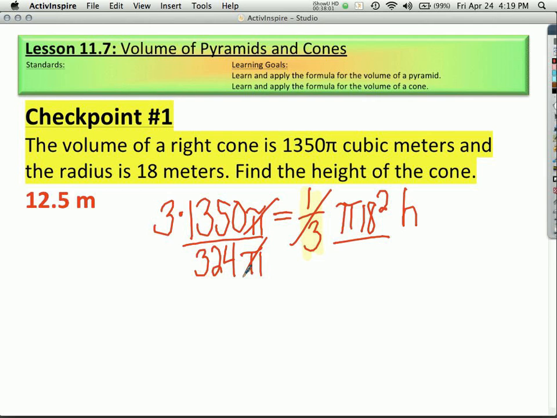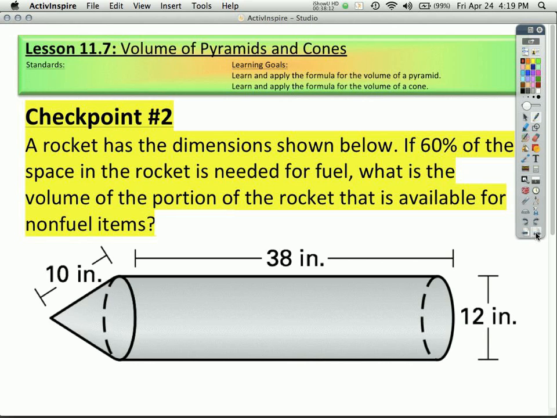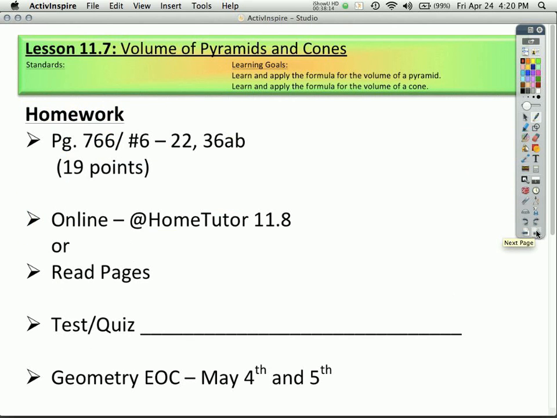Okay. So, any comments, questions? Okay, so I had another checkpoint, but I'm going to hold off on it, and I'm going to have it as your warm-up next week. And so your homework is page 766, number 6 through 22, and 36A and B, which works out to 19 points total.